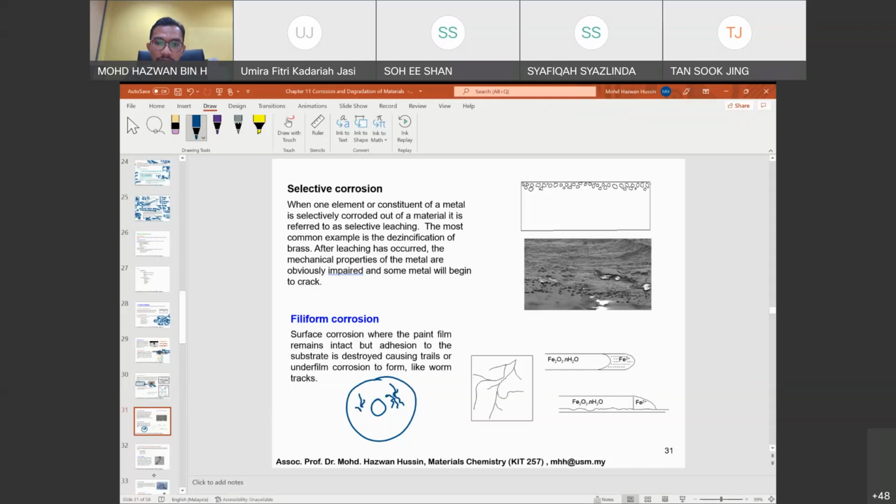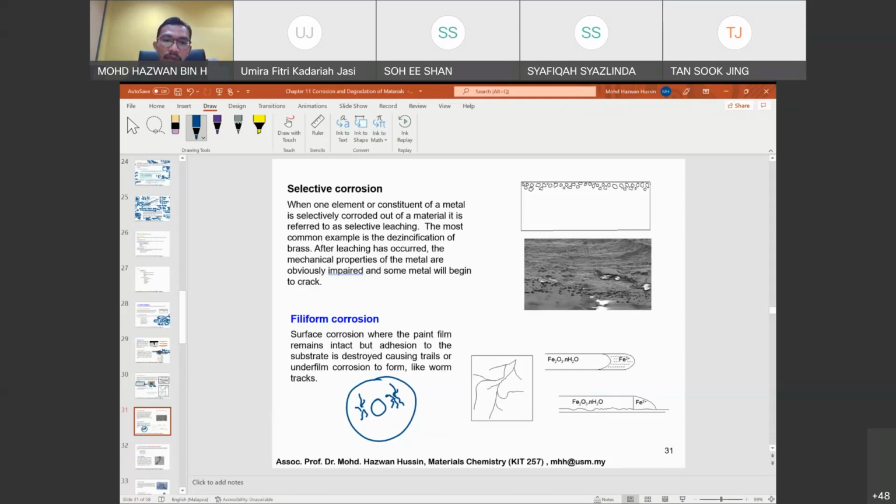You can also see it in stairs or railings near a ladder, where when you apply a coating like paint, after a certain time the adhesion is not really good, and you can see corrosion start to occur underneath the paint layer.